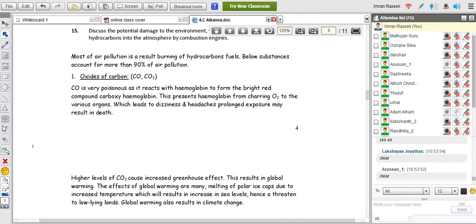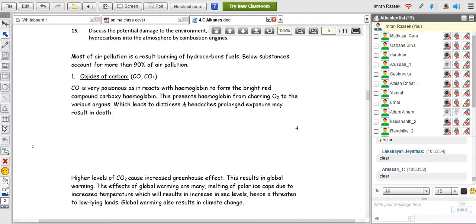So when you have carbon monoxide along with oxygen, what happens? It prefers carbon monoxide over oxygen. So that results in carboxyhemoglobin. So once hemoglobin turns to carboxyhemoglobin, that particular hemoglobin will not be able to carry oxygen anymore.